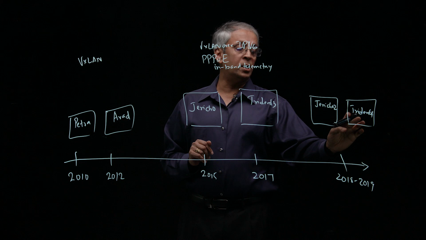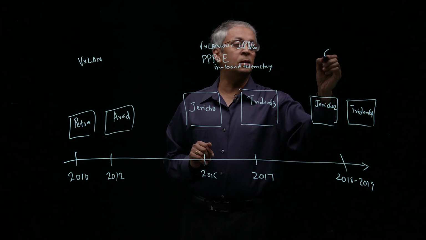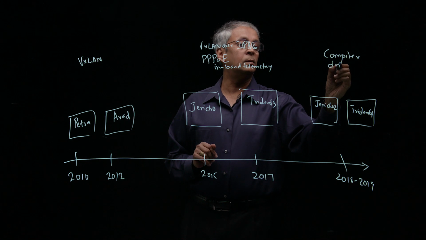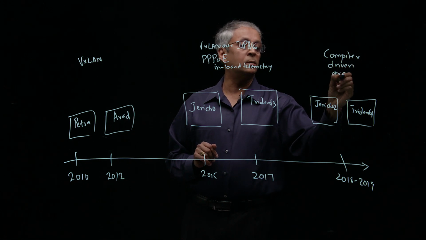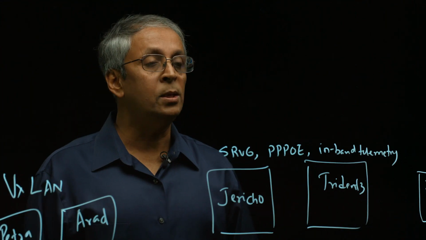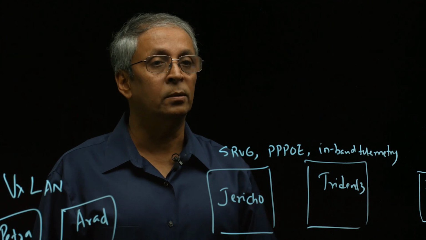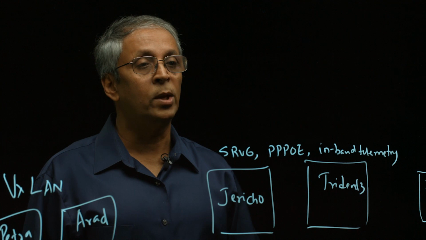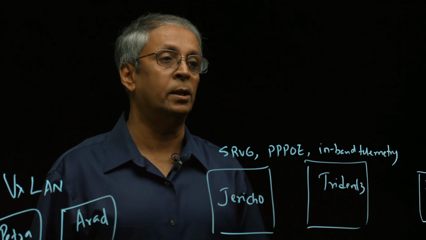Both Jericho 2 and Trident 4 are fully compiler-driven architecture. When we embarked on defining the Trident 4 architecture, we had primarily two goals in mind.